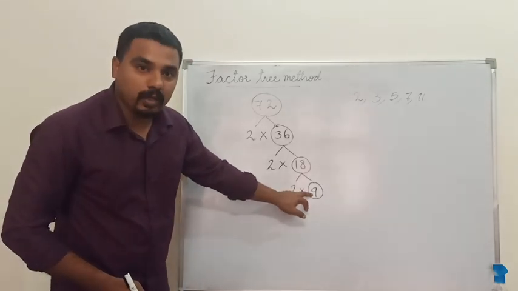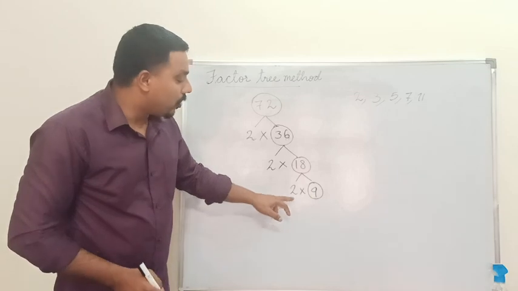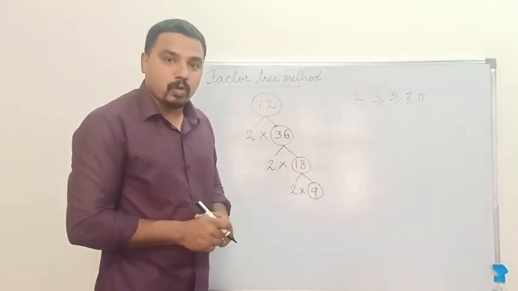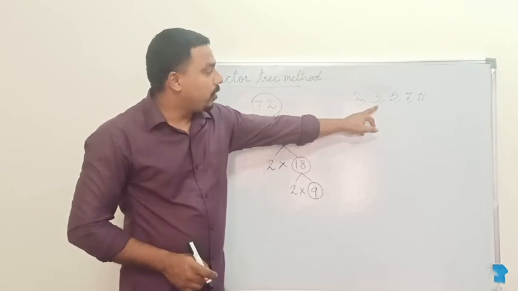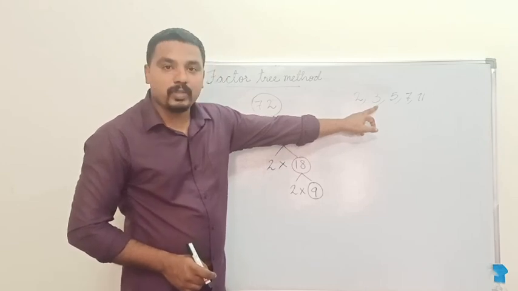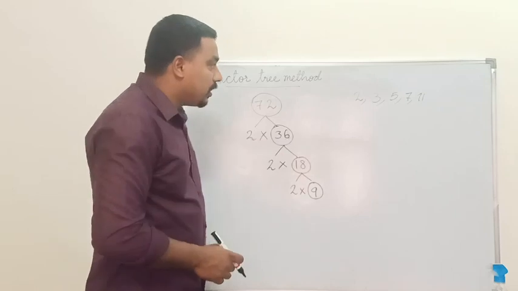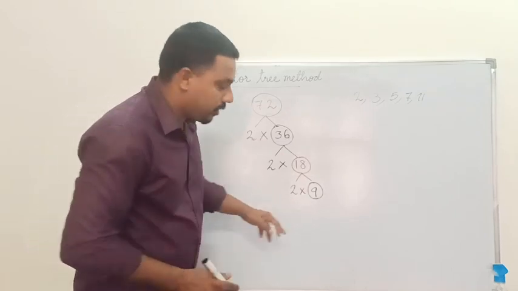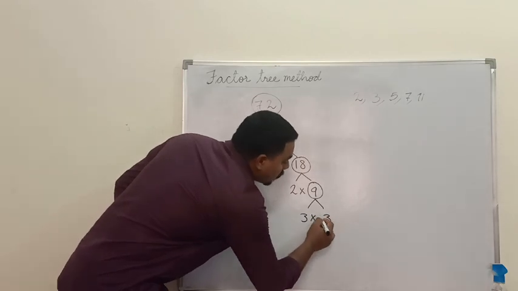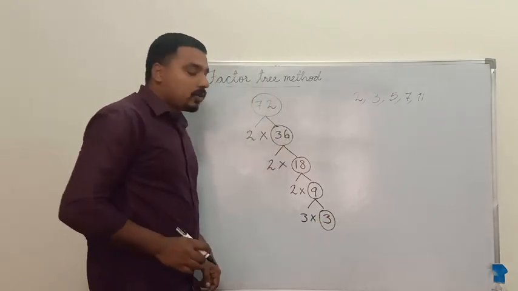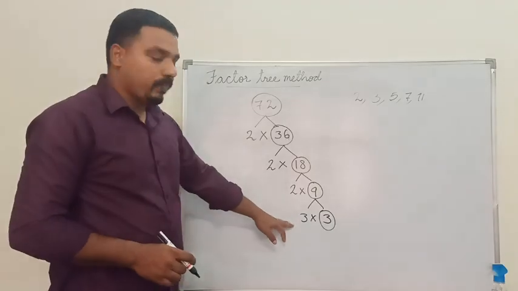Now 9 is not an even number. This is an odd number. So we are not able to divide it by 2. So what do we have to do? Next we have to take the second smallest prime number, which is 3. By 3 we can exactly divide this 9. So we take 3 into 3. This is completed here.